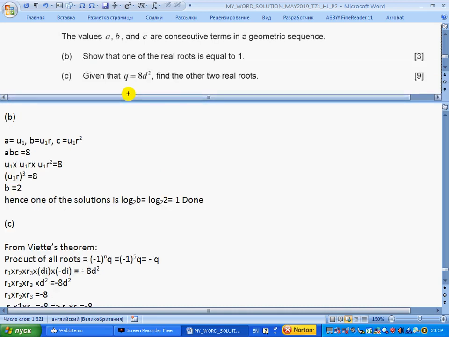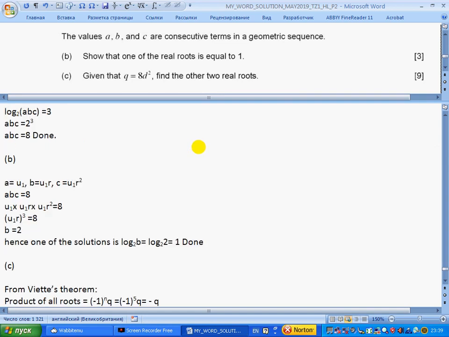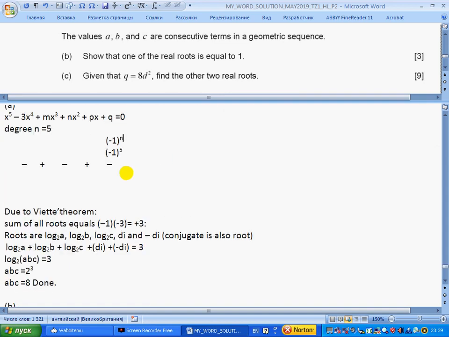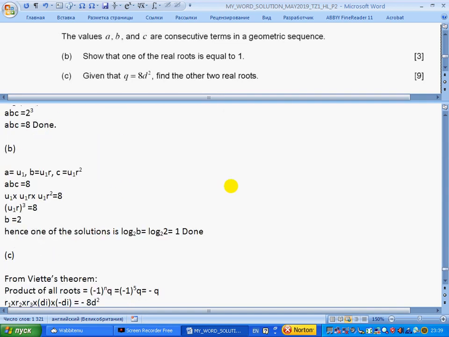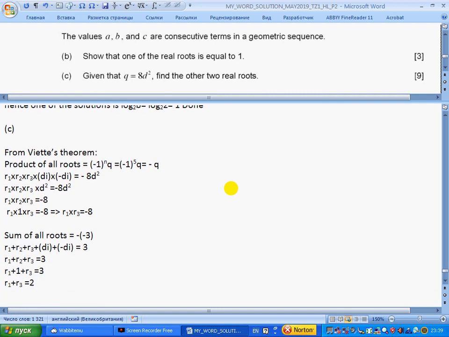Given that Q equals 8d squared, find the other two real roots. From Vieta's theorem, product of all roots, as we have checked, is minus Q. Right. So let's call roots R1, R2, R3. R2 is, for example, 1, as we have proved.